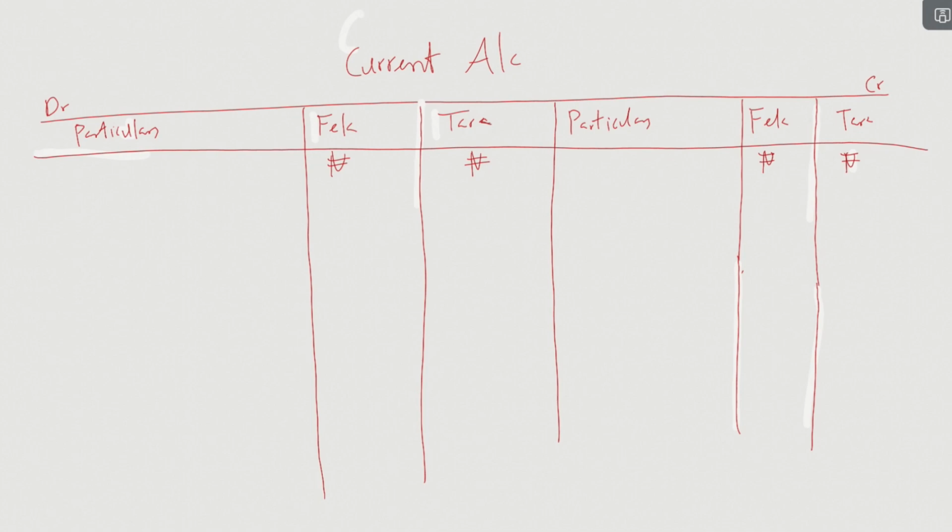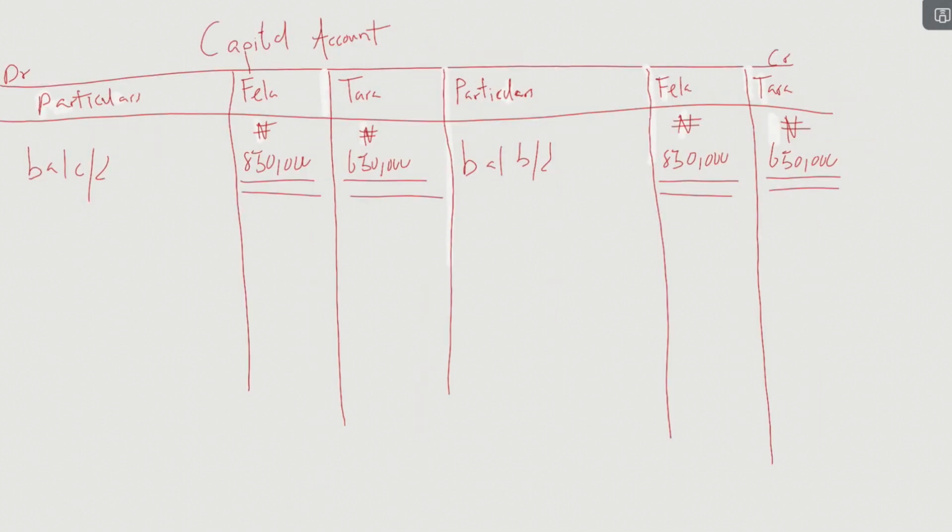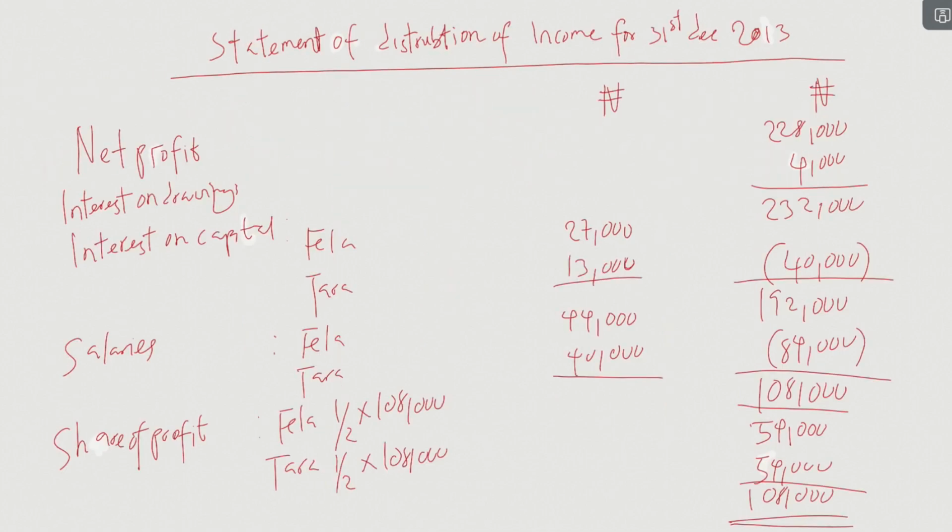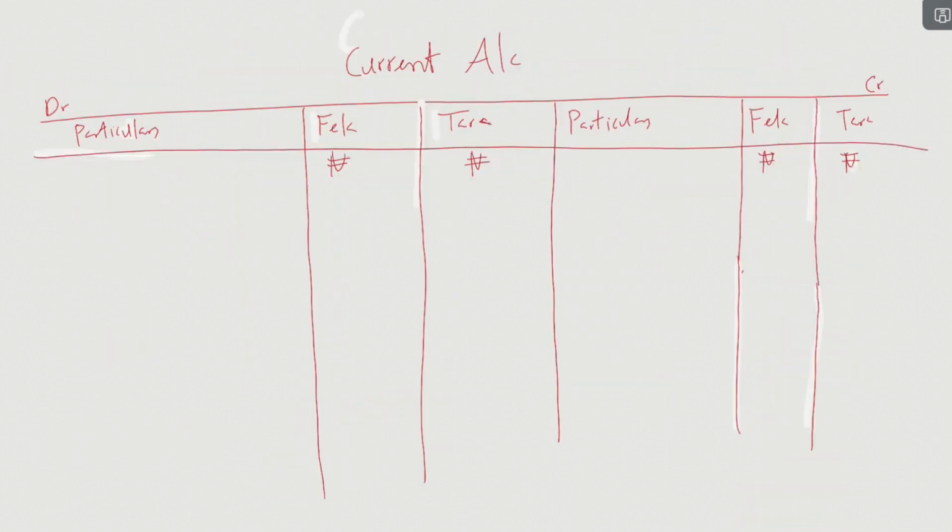Yes. So, as I've said earlier, you're going to account for the other transactions in the current account. So the first one I'm going to bring in here is going to be what? Interest on capital, which was 27,000 and 13,000.